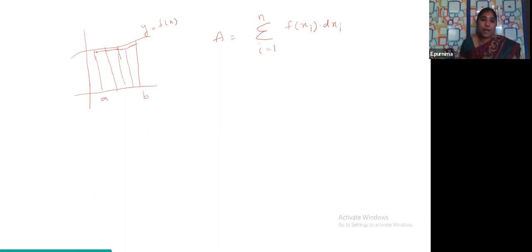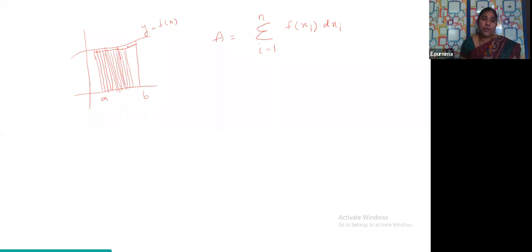I am further dividing this, because if you observe the diagram, the rectangles are a little wider, yes or not? So to get a more accurate value, I try to divide this into still more rectangles, whose width is small.